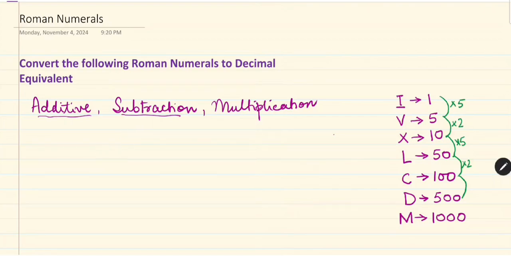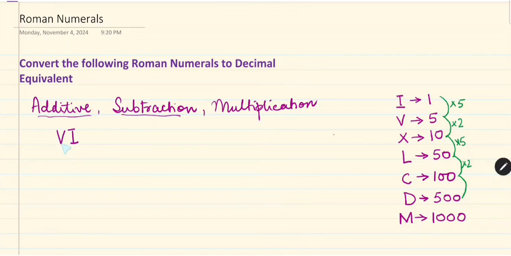For example, when we see this number in Roman, V followed by an I, should we use addition to come up with the number this represents, or should we use subtraction? For that, we have to look at the values of each of these digits.